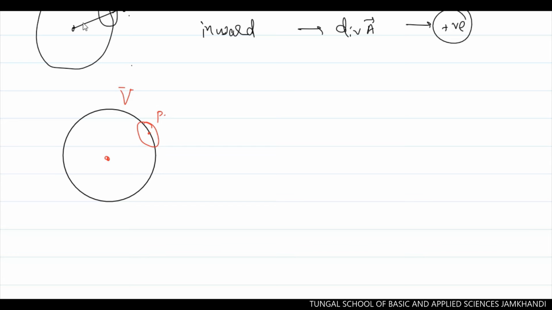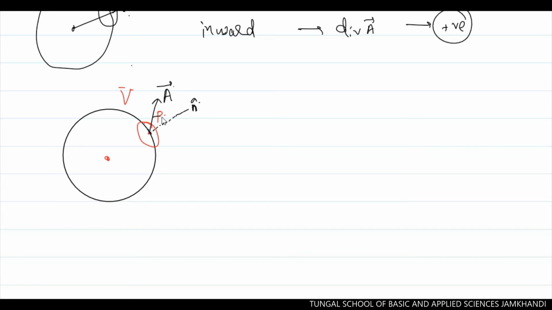Now let the vector quantity at this point P be A vector. Now the normal to this surface we always define outward, perpendicular to the tangent of the surface. I will define this as a normal n cap, right?